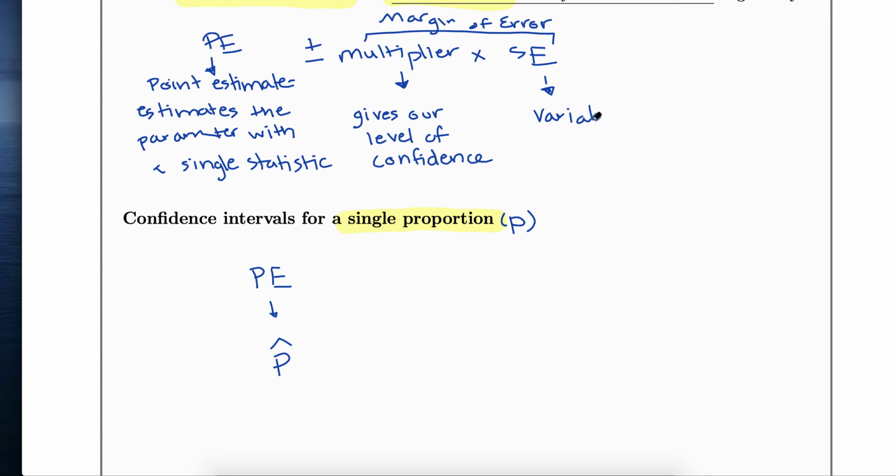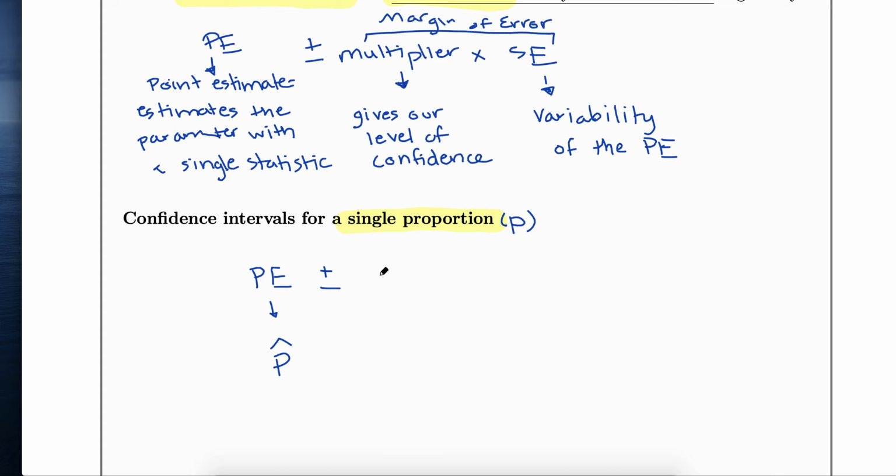Now let's translate that into our setting. So we're talking about estimating P, the proportion for the whole population. Our starting point or point estimate is going to be P hat, the proportion that we can actually calculate and estimate from our data. We know that's going to change from case to case, so instead we're going to give an interval around this.